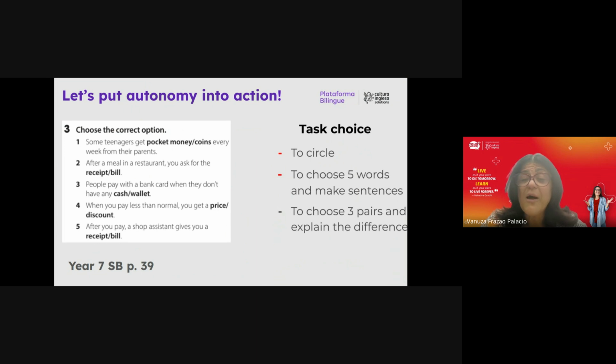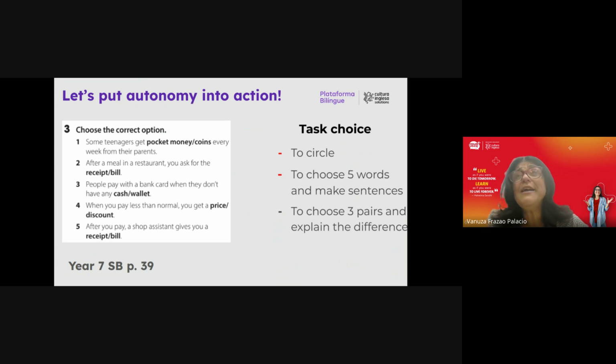difference. Now, by doing this, not only are you catering for students' needs and wants, but you're also catering for multi-level groups. So if I am a student in a multi-level group and I don't feel confident about my English, what do I choose? Of course, I'm going to choose the circling part, right?